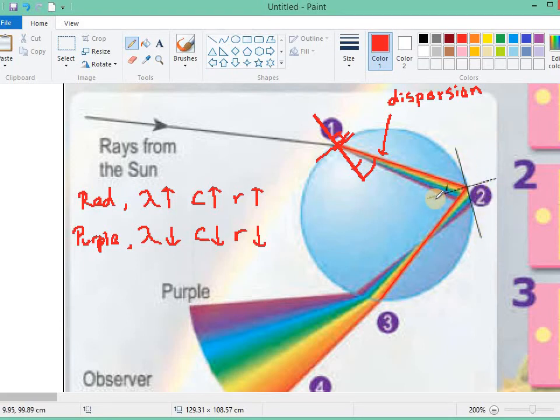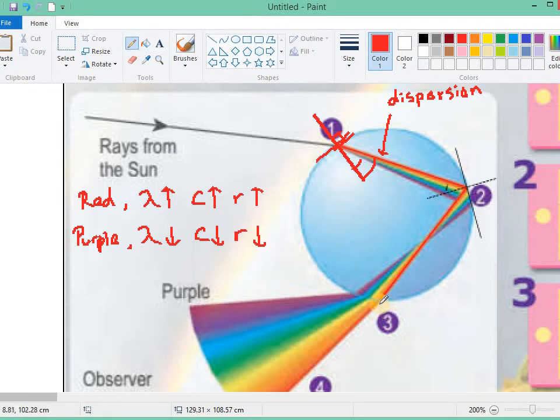This is the normal. So when reach here, it will undergo total internal reflection because this angle is bigger than the critical angle. Okay, this angle bigger than the critical angle. So what happens is all the color, different color of light, it will undergo total internal reflection.